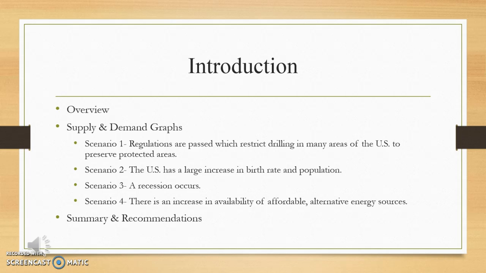We don't like to think about that, but it's something that does happen quite often. Scenario 4 will be there is an increase in availability of affordable alternative energy sources. And then at the end of this, we're going to wrap it up with a summary. And I'm going to give you my recommendations based on the graphs and the information that we go over today.